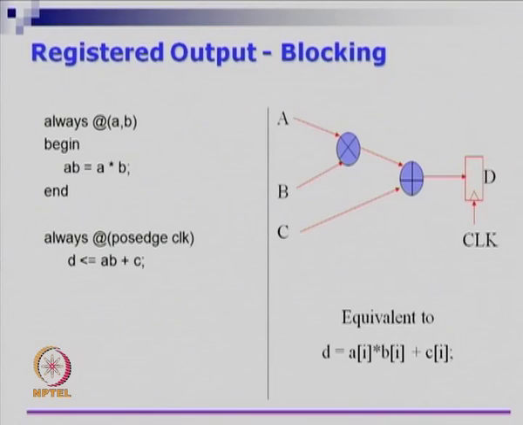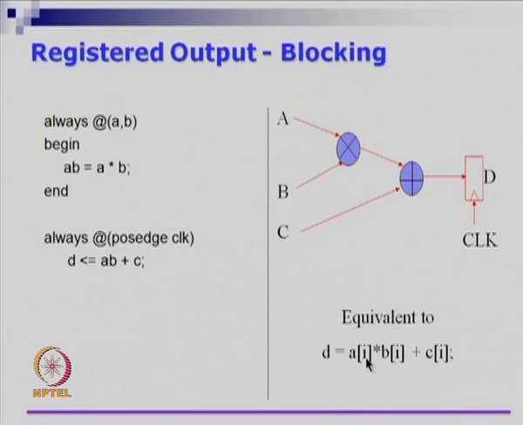So it's fairly easy to understand what this is doing, but more importantly, if you want to think about it as software, what you are actually doing is D of I is A of I into B of I plus C of I. So you are taking inputs which are all given at one instant of time, that is what this I means. So this I is not a subscript within A, this A of I is time.